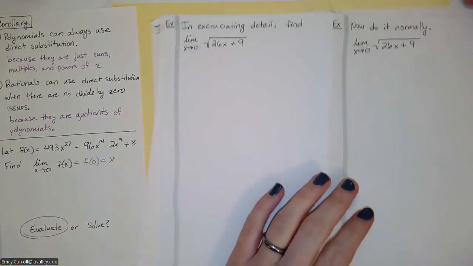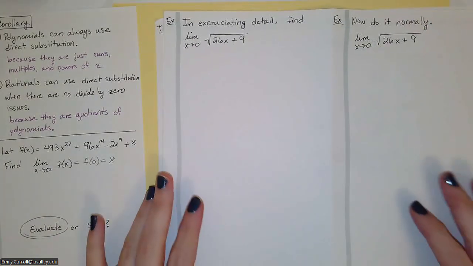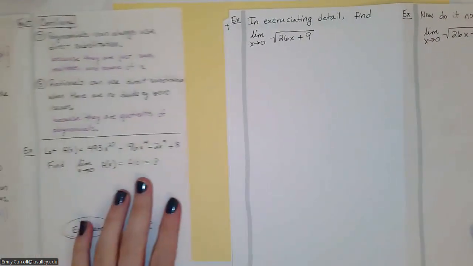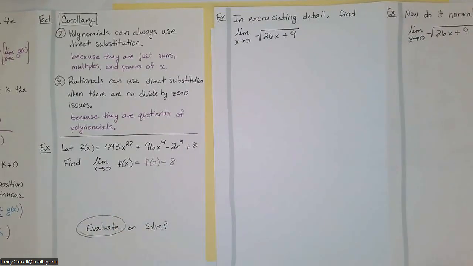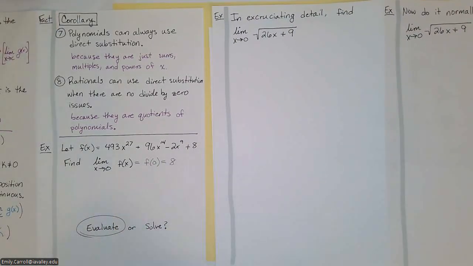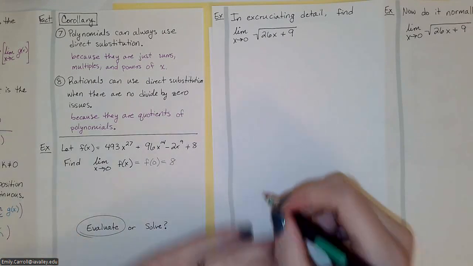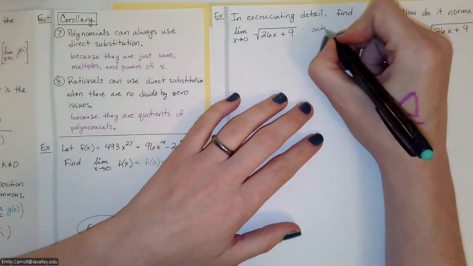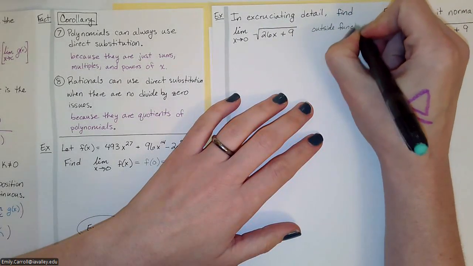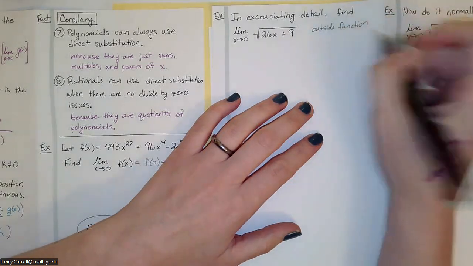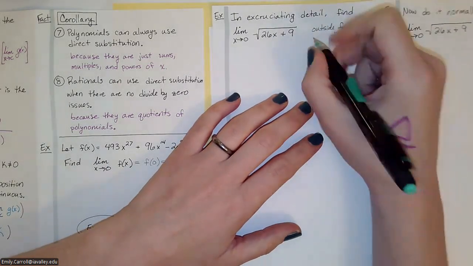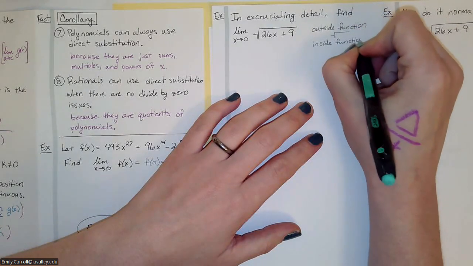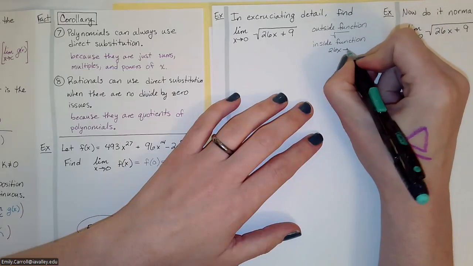All right, so let's apply the limit facts theorem in excruciating detail before I show you how it is actually done in practice. First of all, I have an outside function, which is the square root, and an inside function, 26x plus 9.